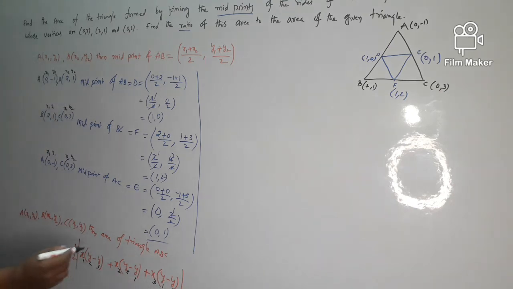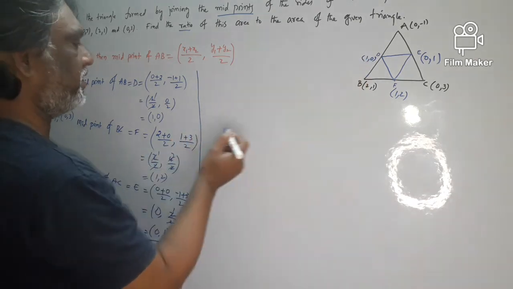Just replace 1 by 2, 2 by 3, 3 by 1. Now find the area of triangle DEF.